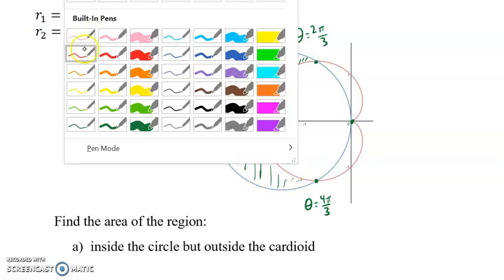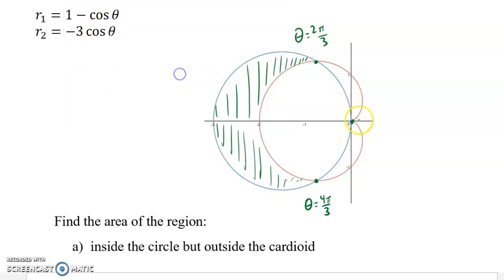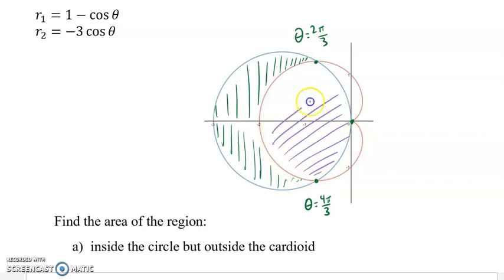Maybe I'll shade that in purple. That's going to be inside both the circle and the cardioid. And then we've got the area of the region that is inside the cardioid, but outside of the circle. So that's what we're going to try to find now.